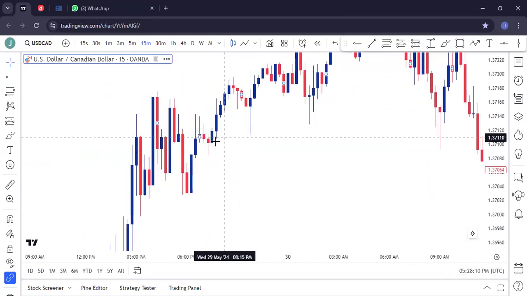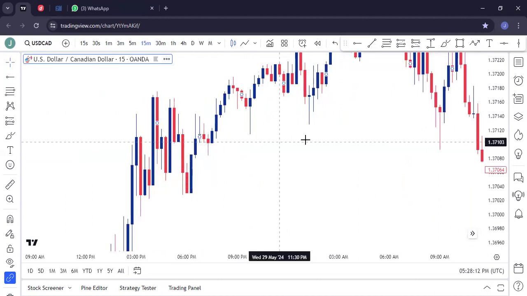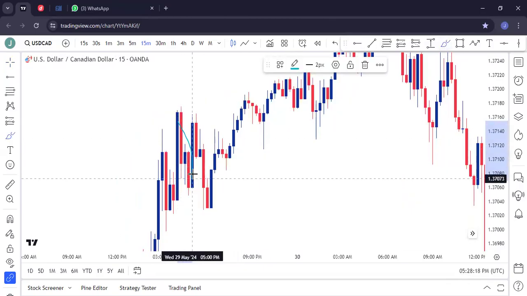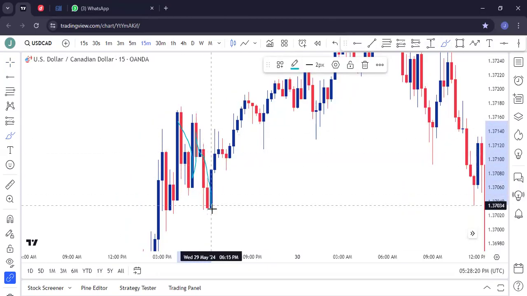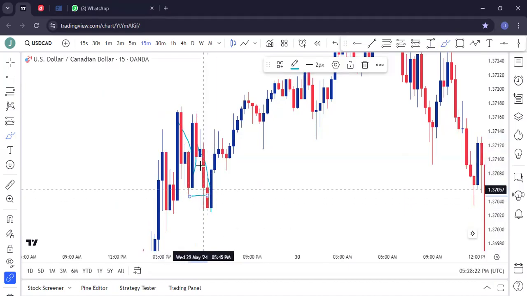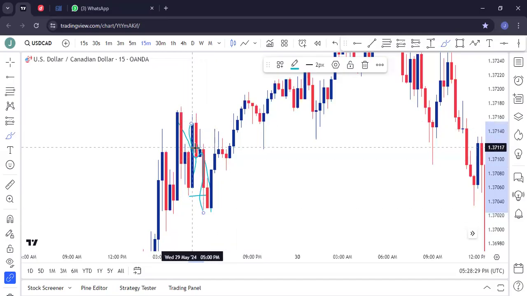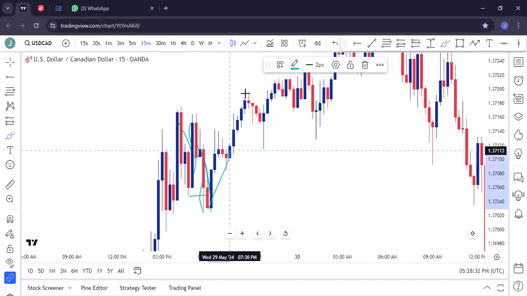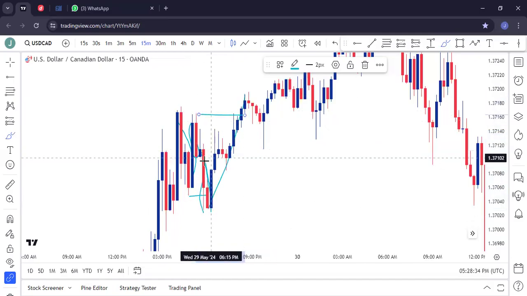The market created this small trend here. Before the market breaks this structure, it created a small structure here. After this structure, the market came and changed the character.